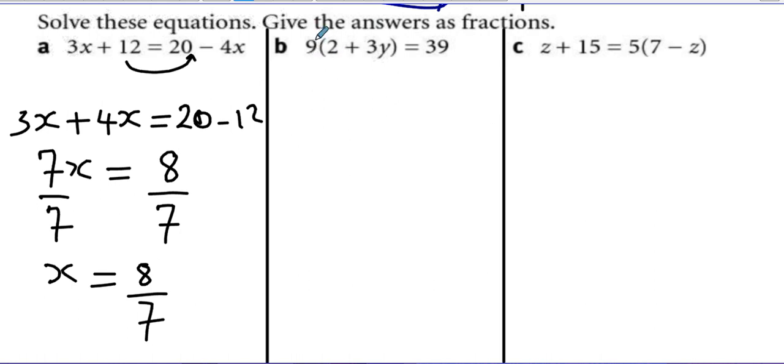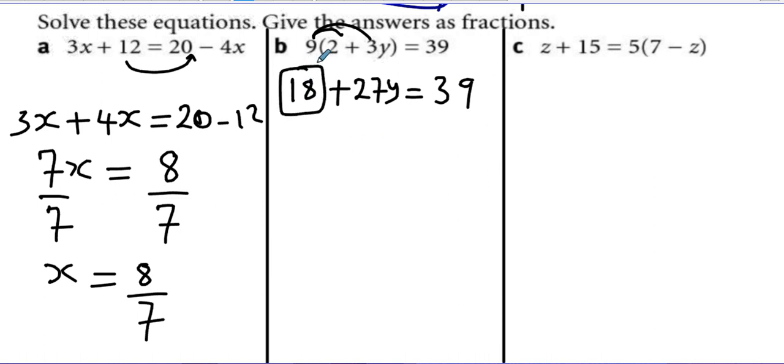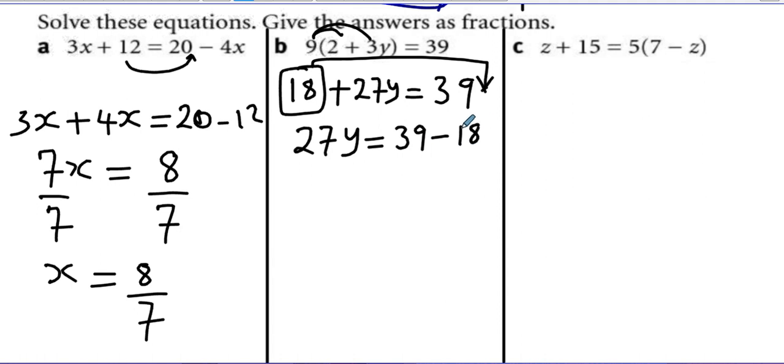Then here you open the brackets. This will be 9 times 2, then 9 times 3y. So 9 times 2 is 18. 9 times 3y is 27y. That will be equal to 39. So collect like terms. This positive 18, this number without a letter, should be pushed to the right hand side. And this remains 27y equals 39 minus 18.